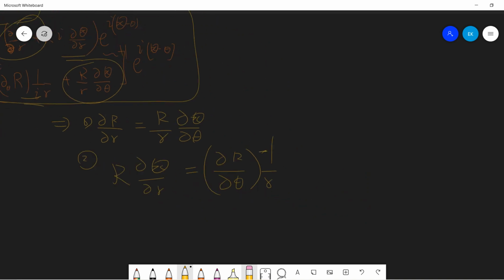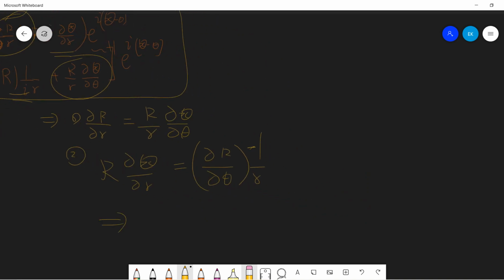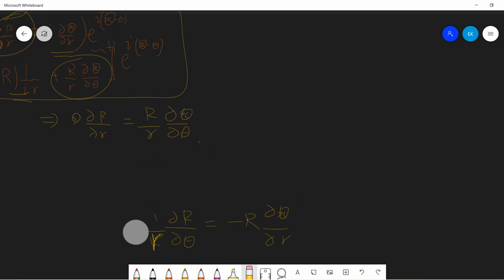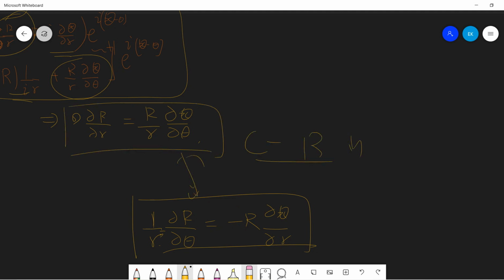Combining all of it, we can change it into the partial of R with respect to theta, times 1 over r, equals minus the partial of capital Theta with respect to r. I changed this into this, in terms of small r and capital R. Nice, this just shuffles the equation, nothing special. So this one and this one are the Cauchy-Riemann equations in polar coordinates.